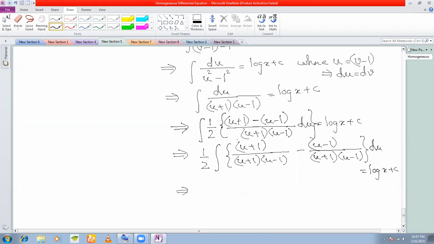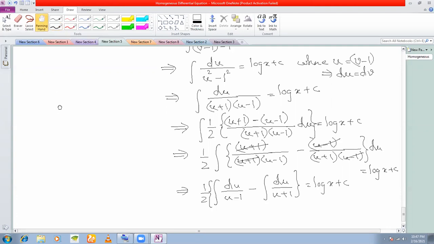That means what will happen here? u plus 1 will cancel. So you simply get half of integral du by u minus 1 minus integral, now here what will cancel? u minus 1 will cancel. So you get du by u plus 1 is equal to log x plus c.